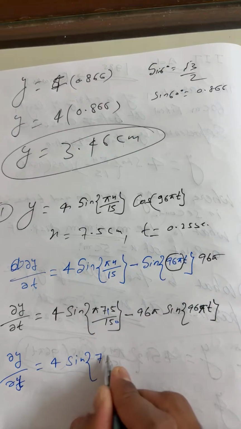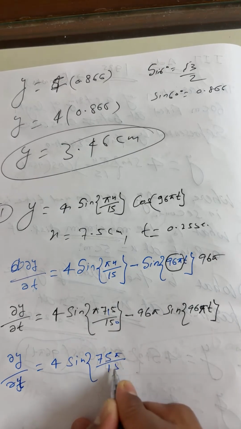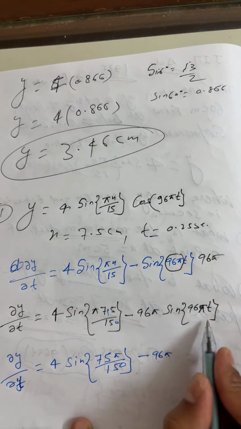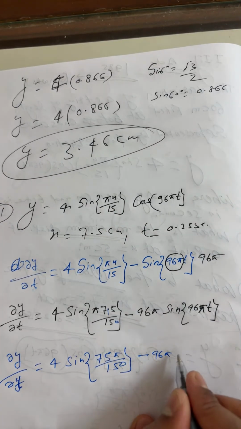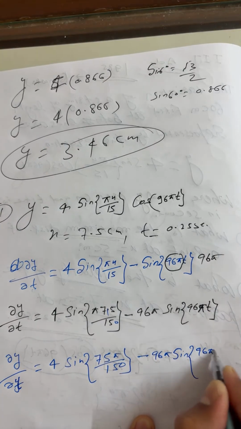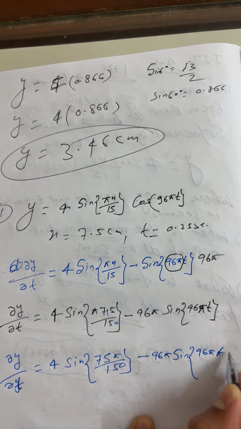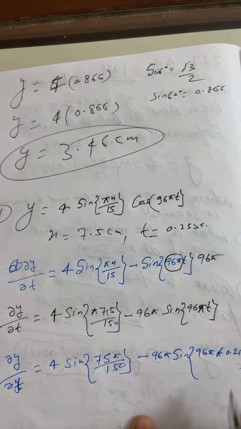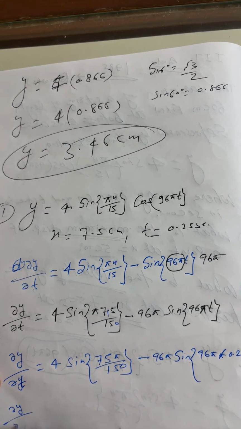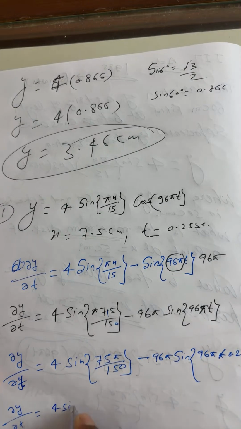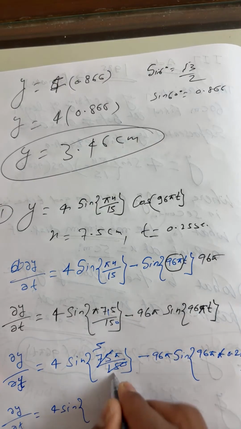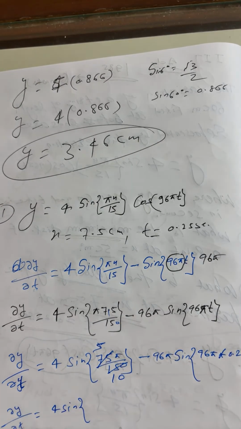So you can say 75 pi by 150 minus 96 pi, and time is mentioned here, 0.25 seconds. So you can write sine of 96 pi into time, which is 0.25 seconds. So 5 times cancels here. So you can write del y by del t equals 4 sine pi, 15 fives are 75, 15 tens are 150. So what is this coming to, students?